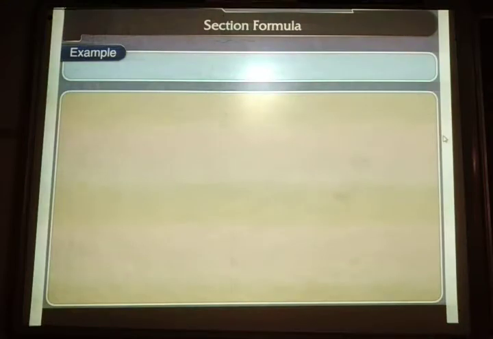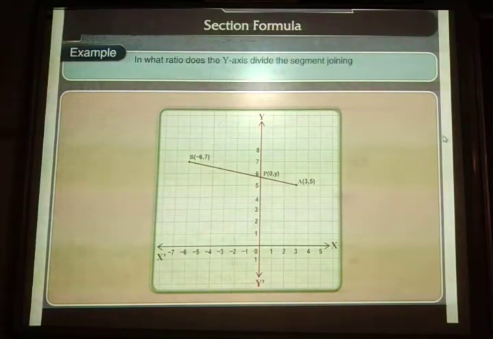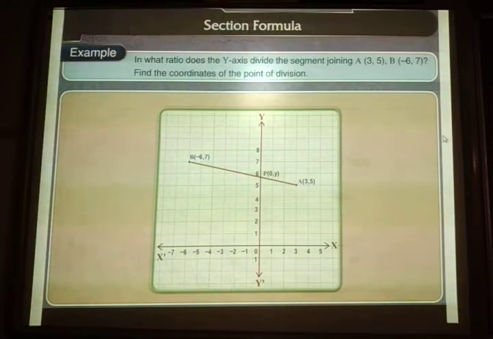Let us solve one more example. In what ratio does the y-axis divide the segment joining A (3, 5) and B (-6, 7)? Find the coordinates of the point of division.